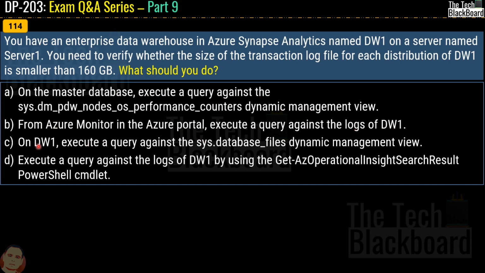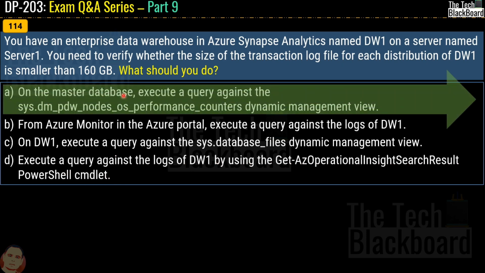The third option is on DW1, execute a query against the sys.database_files dynamic management view. As a fourth option, we have execute a query against the logs of DW1 by using the Get-AzOperationalInsightsSearchResults PowerShell cmdlet. And the correct answer for this question is option A, that on master database, you have to execute a query against this dynamic management view.